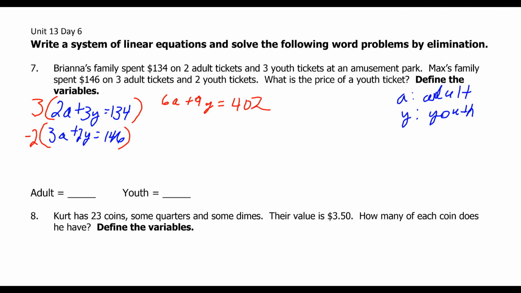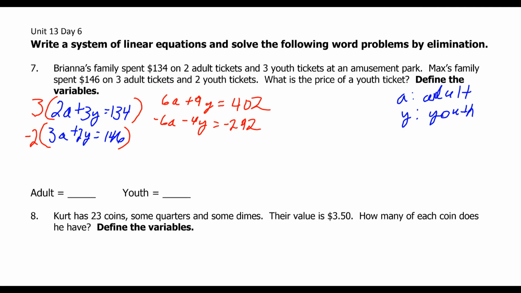And then when we multiply by -2, we're going to have -6a minus 4y equals -146. Oh, no, -292, my fault.